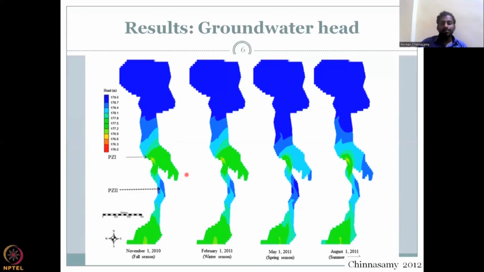Right. And what we see here is a seasonal difference. So that is where the timestamp comes. You see water moving from north to south, but then water also moves along the time scale. So from November to February, May, and August, you see a different change in the groundwater movement.